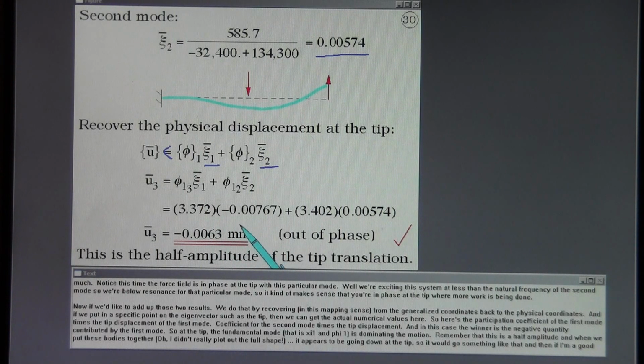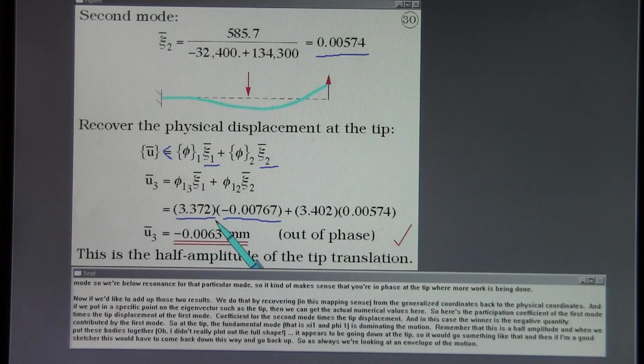So here's the participation coefficient of the first mode times the tip displacement of the first mode. Coefficient for the second mode times the tip displacement. And in this case, the winner is the negative quantity contributed by the first mode. So at the tip, the fundamental mode, that is C1 and Phi1, is dominating the motion.